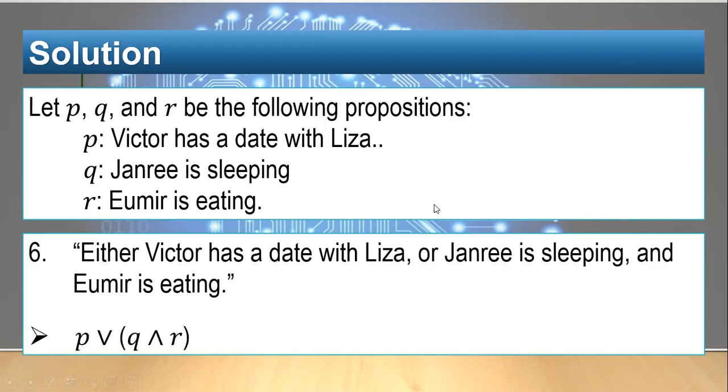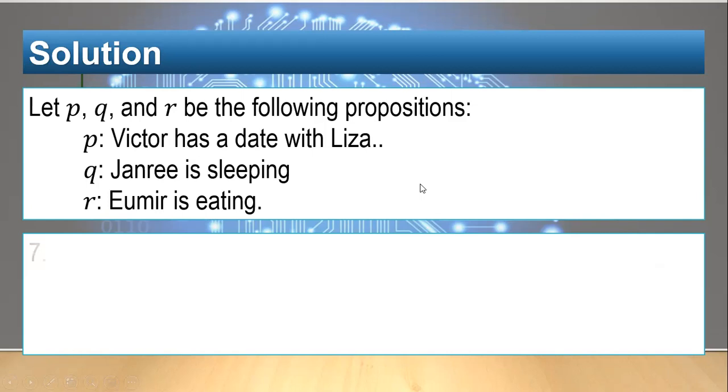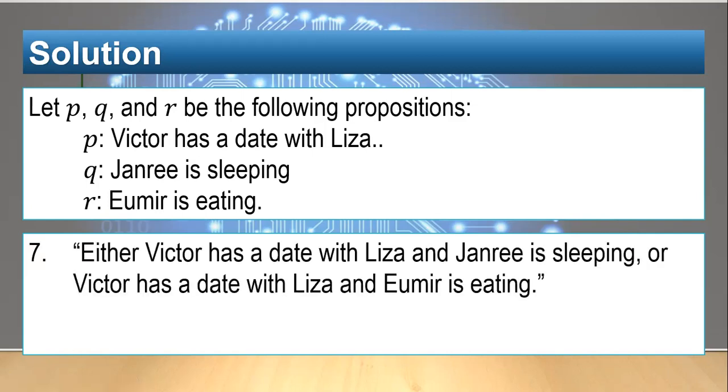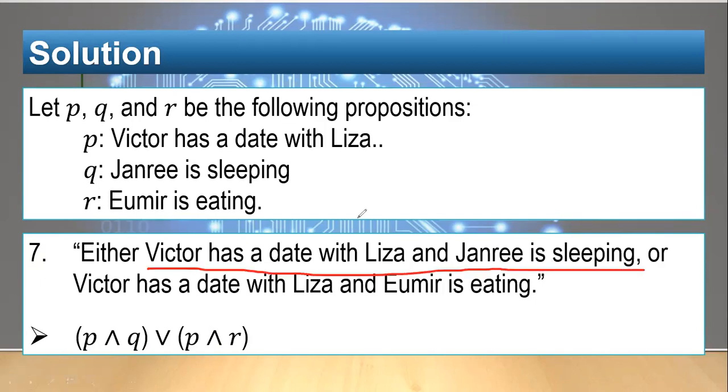P or Q and R. Example number 7. That is P and Q or P and R. So this is P and Q, or this, P or P and R.